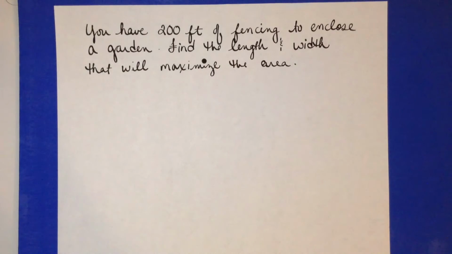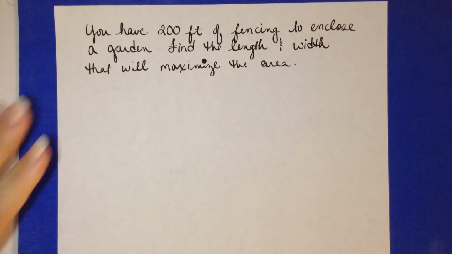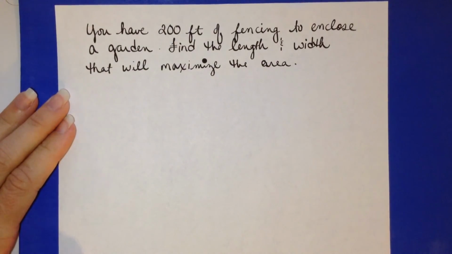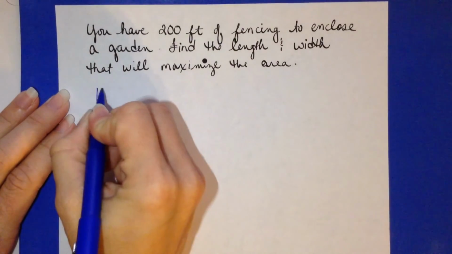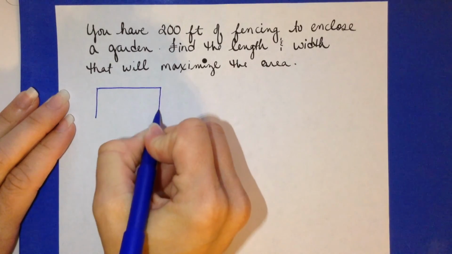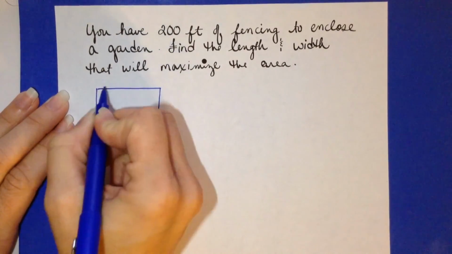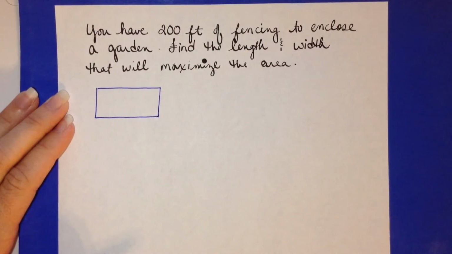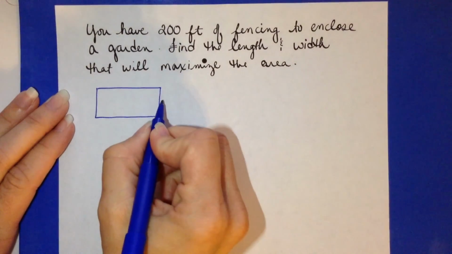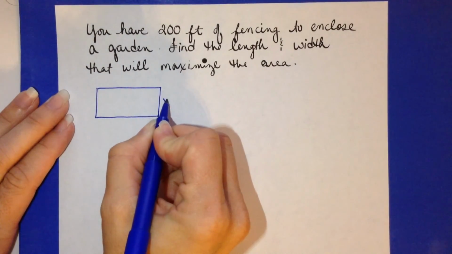But yet then it turns around and says to find the length and the width that will maximize the area. All right, so first of all, let's draw off our rectangle here. So you've got a total of 200 feet to go all the way around. What I'm going to do is call this side X.